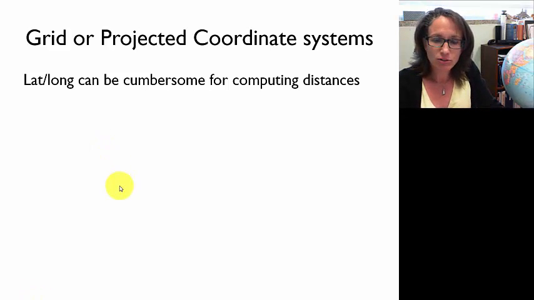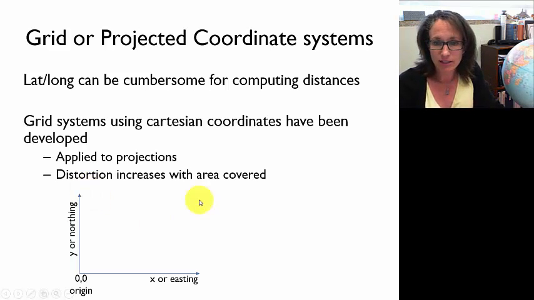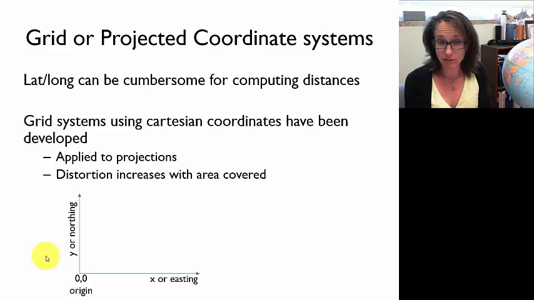So anyway, a solution, instead of using latitude and longitude, is to apply a grid, like a Cartesian coordinate grid, to a projected map. So we use a projection to project the area that we want to map with as little distortion as possible, and we put an XY grid on that projected map.